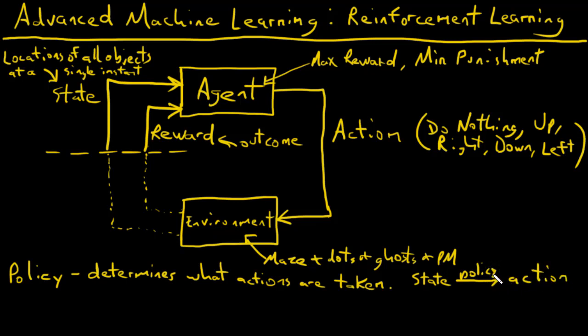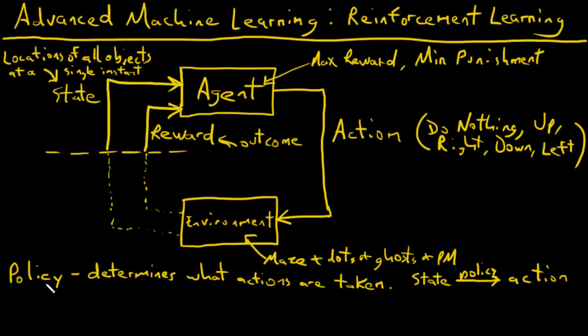Okay? So the policy can be extremely simple. It can be extremely complicated. Extremely simple might be look around yourself, left, right, up, and down. Pick the thing that offers the greatest reward in all of those directions. So if there's a dot on the left and nothing on the other three directions, then eat the dot.